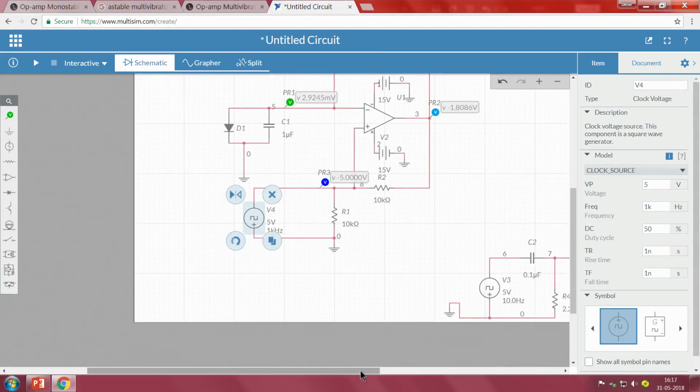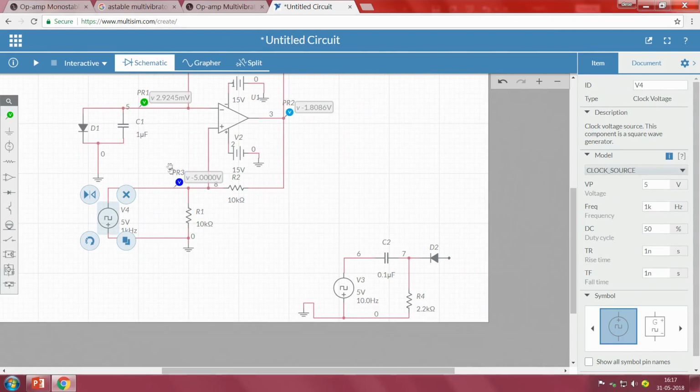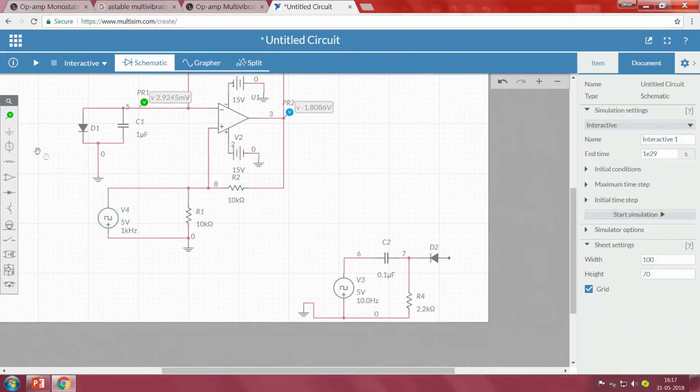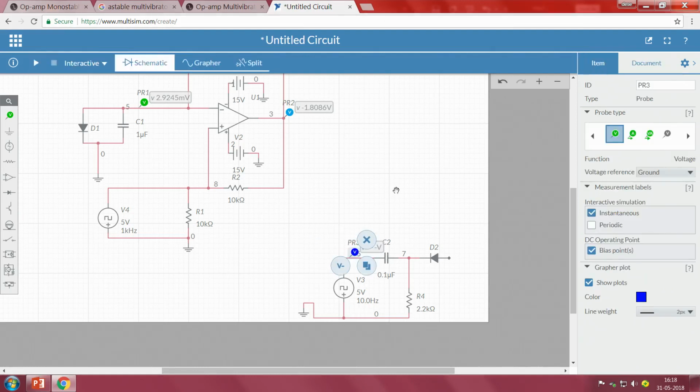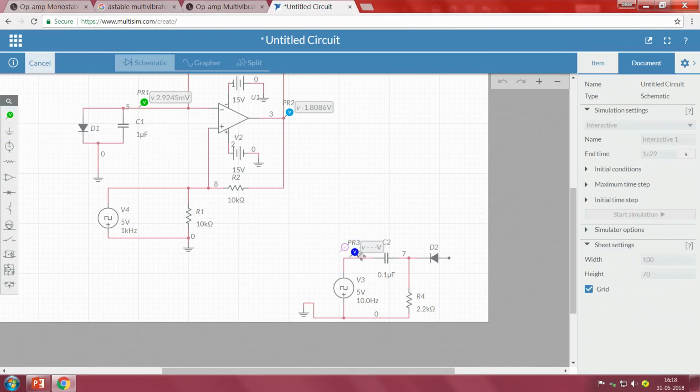Just to understand how exactly it works, we will take this particular circuit. If you observe, it has the same input voltage that we are using here. At this point we will connect one voltage source, so we can understand what type of voltage we are giving, and we will connect one more output voltage here.